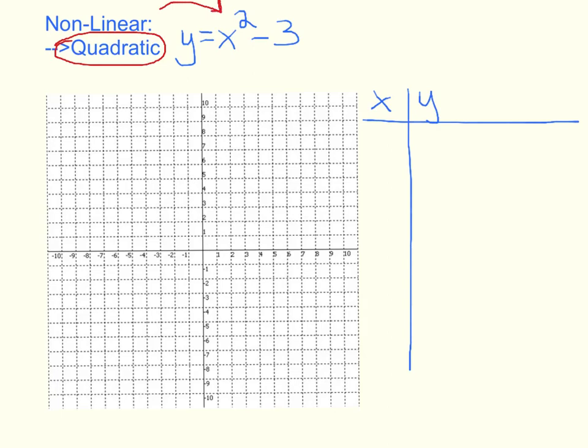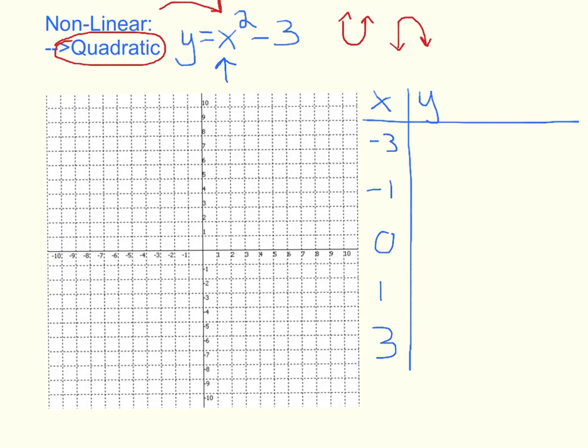So if we graph this, it's not going to be a straight line anymore, and actually every quadratic creates a horseshoe, and they either open up or they open down. So, same idea, make an XY table using negative values and positive values. So you plug them in for x squared minus 3.